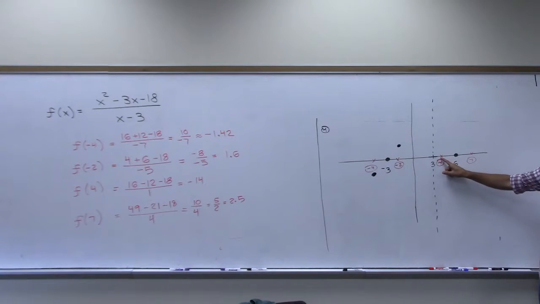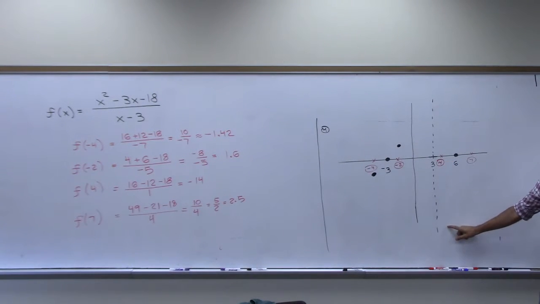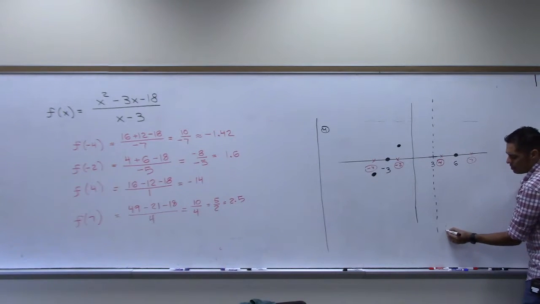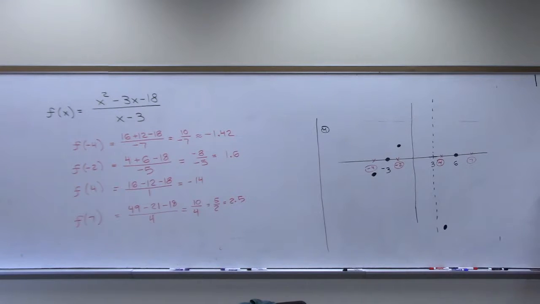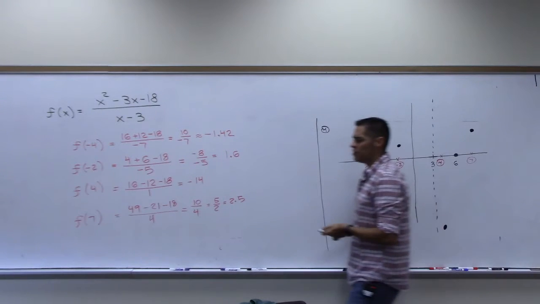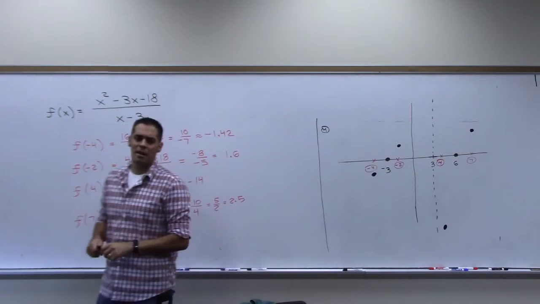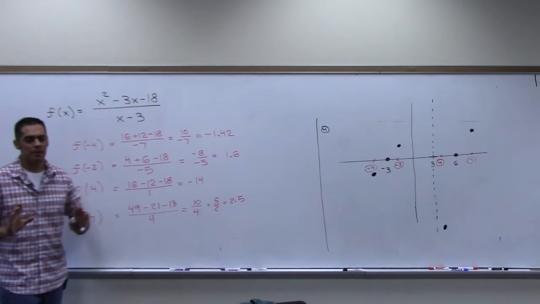At 4, I'm way off at -14, right? So it might go off my graph. I'm just going to put it down here. And then at 7, we're at 2.5. So somewhere around there.